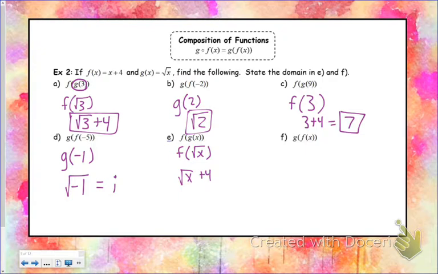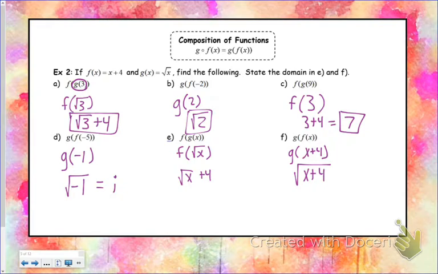All right, then the opposite way, g of f of x. So g of f means I'm going to plug the f of x function into the g of x function. So this is going to be g of x plus 4. Everywhere there's an x, I'm replacing it with x plus 4. It's important to note that these are different functions.